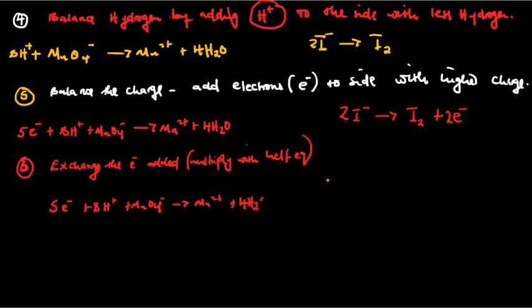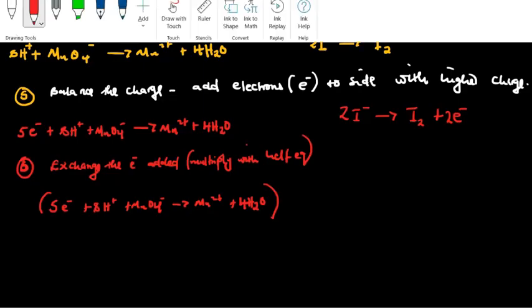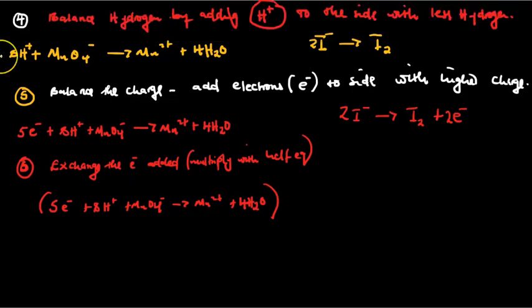The amount of electrons you added in the other equation, so this equation will be multiplied by the electrons you added in the other half reaction, so it will be multiplied by 2. Then this other one, the whole equation must be multiplied by the electrons you added in the other half reaction. In this case, it is 5. So we multiply everything and then write the two half reactions.